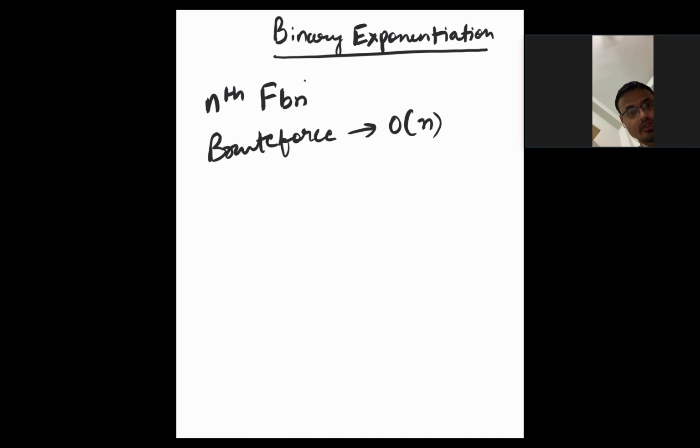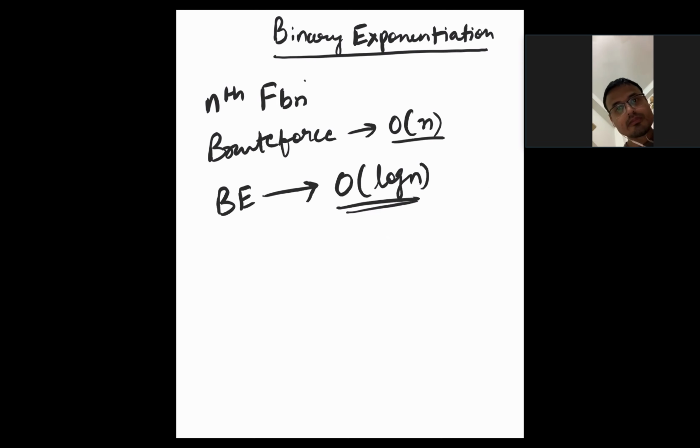But if we go with binary exponentiation, then the time complexity will go down to log n. The approach is the same. So you guys can try to implement this solution with binary exponentiation to find the nth Fibonacci number.